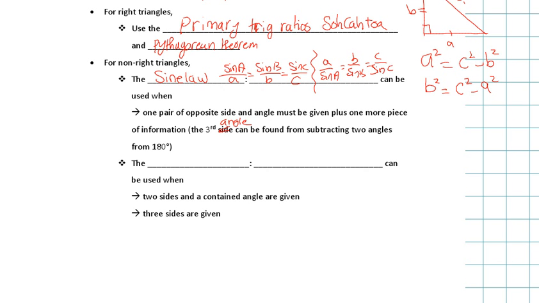Now, when do I use the first one? Sine A over A, sine B over B, sine C over C. When I'm looking for an angle. When do I use the second one? When I'm looking for a side. So the first one you use for sides and the second one for angles, right? No, the opposite of that. This one you're using when you're looking for an angle. This one you're using when you're looking for a side.